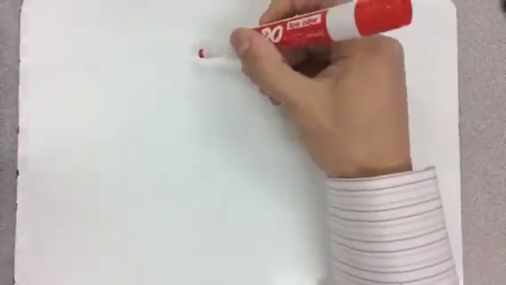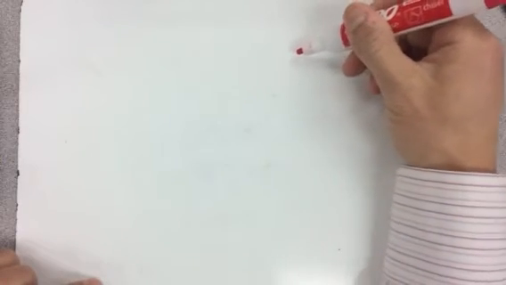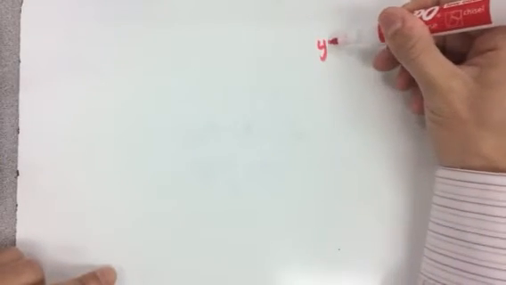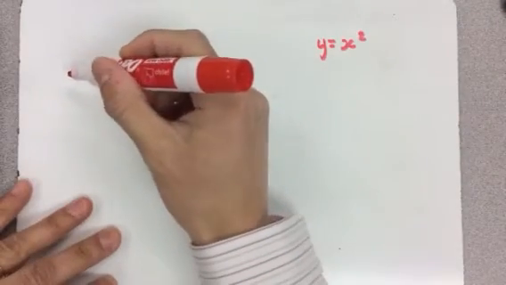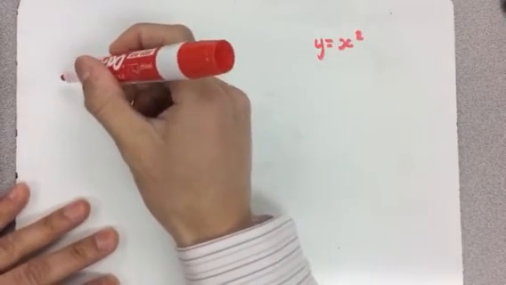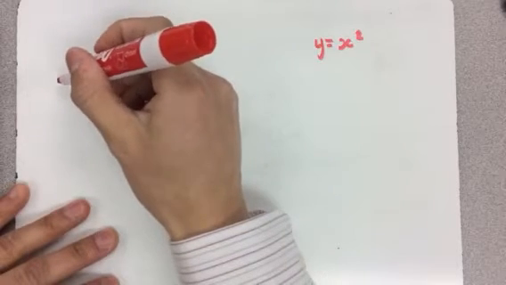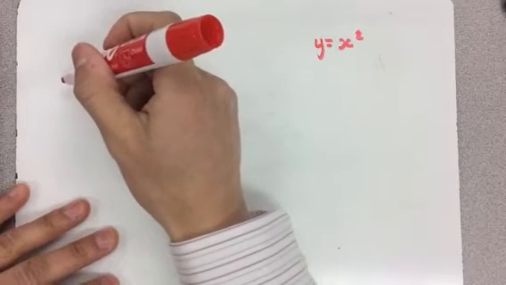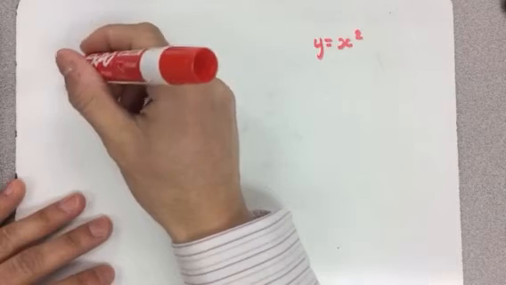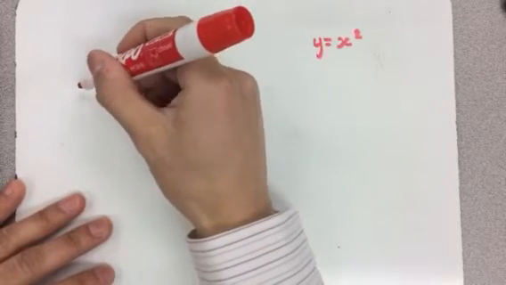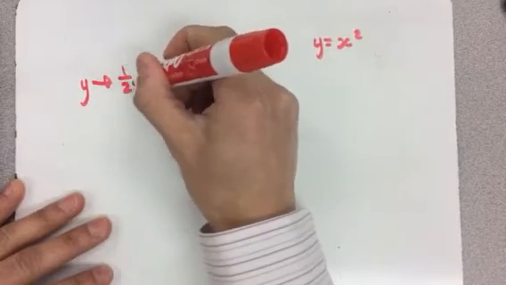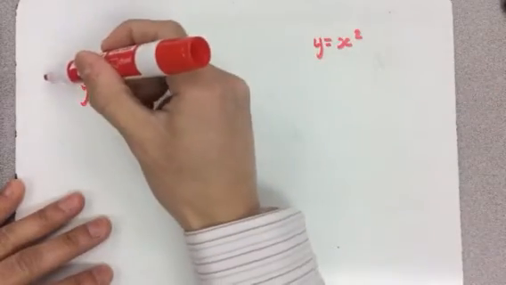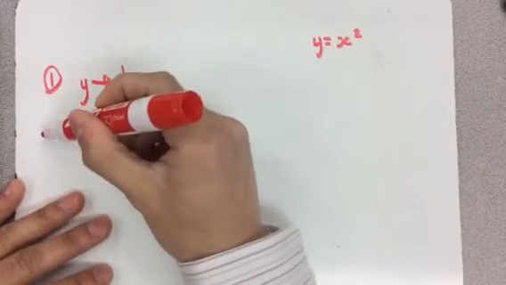So my original equation is y equals x squared, and what I'm going to apply are my transformations. The first one was a vertical stretch about the x-axis by a factor of 2. So what that's going to look like is y to 1/2 y. That was the first thing I'm going to do.